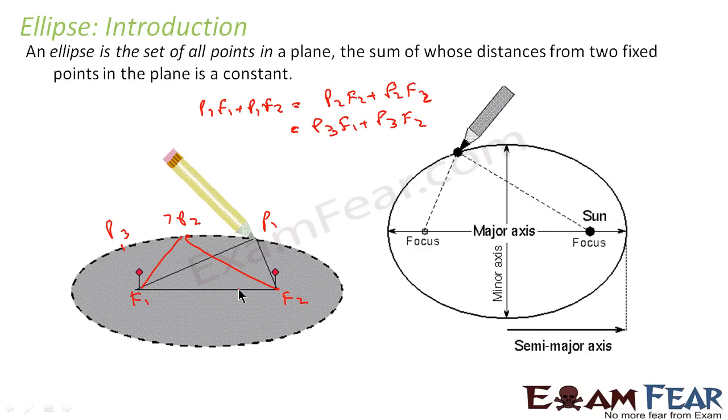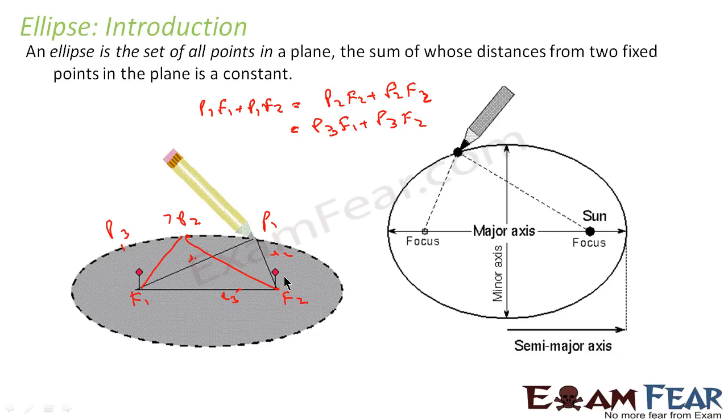Total length of thread is L1 plus L2 plus L3. Now if you move this thread like this, since this length is constant, whatever point you reach, the sum of the two distances will be L1 plus L2. Correct? So what we get is an ellipse.